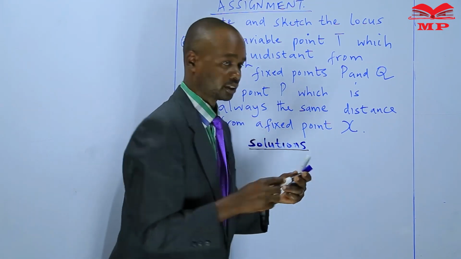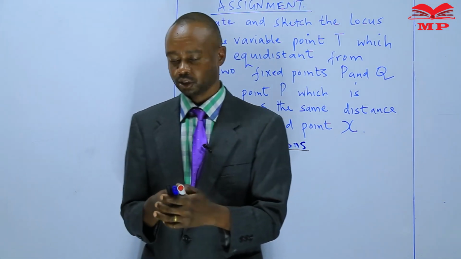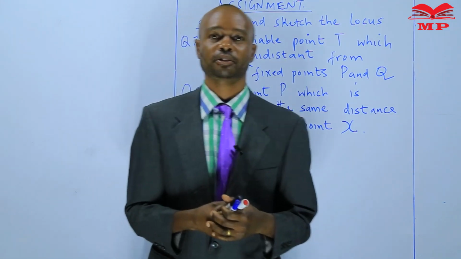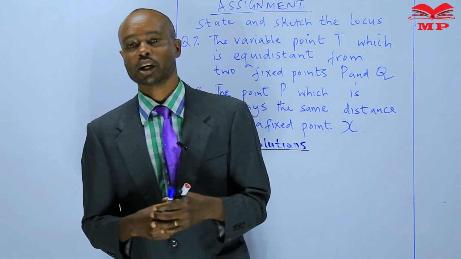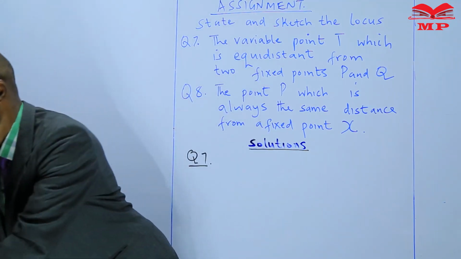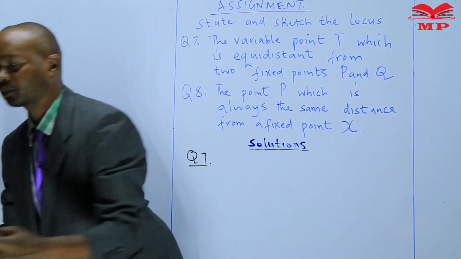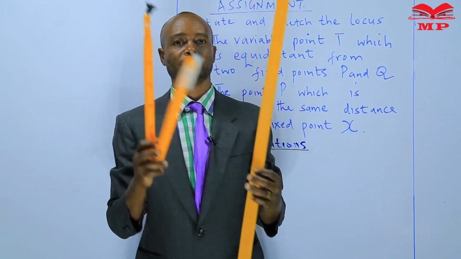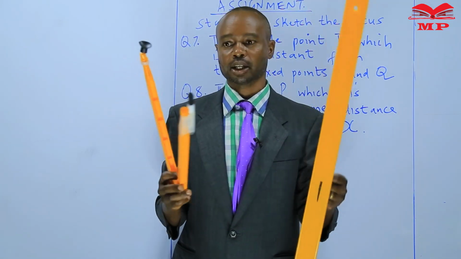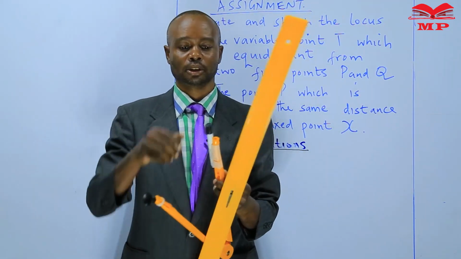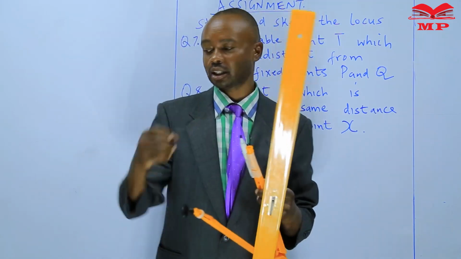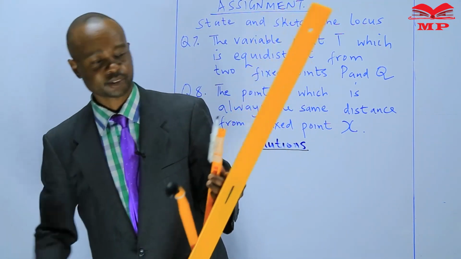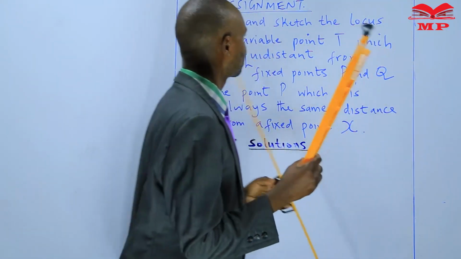For question 7, I need geometrical instruments, that is a pair of compasses and a ruler. For those who don't know, a pair of compasses is this one, and that is the ruler. So I'll need these to explain that.